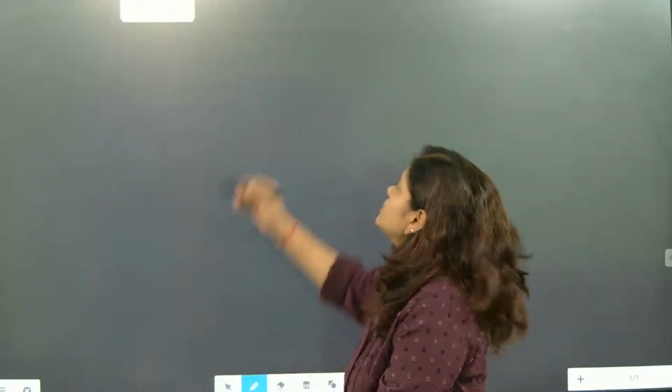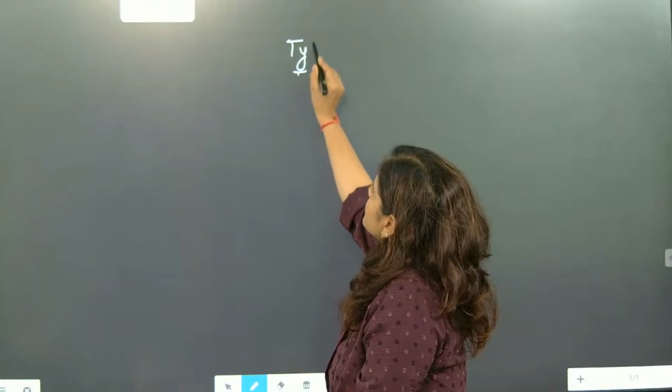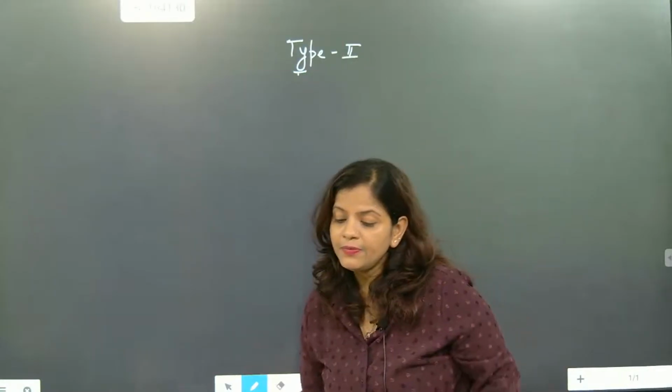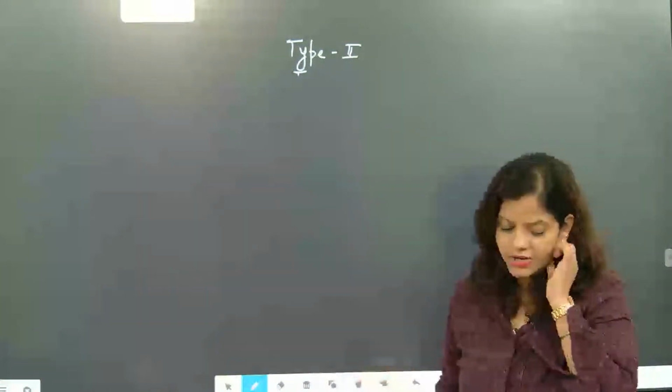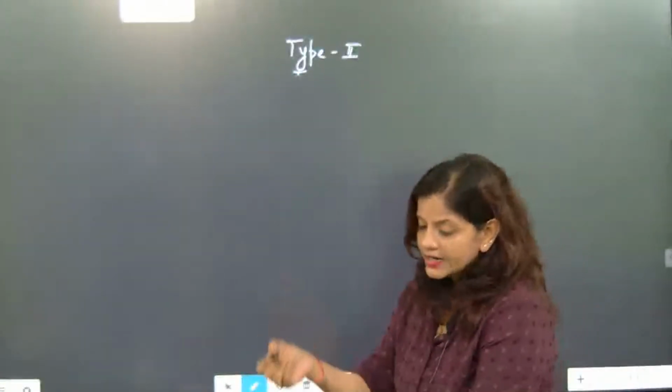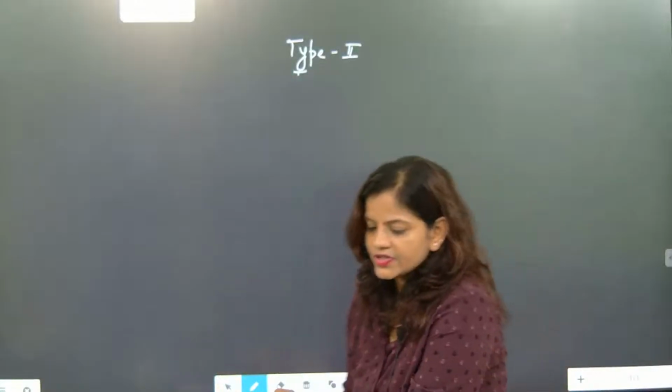Now, a typical type 2 question. For today, the first question we have solved when we searched for parallel. Now, second, type 2. In a type 2 question, what type of questions are coming? Now look at it. One Cartesian equation is given to you. Either Cartesian or vector, any one equation will be given.